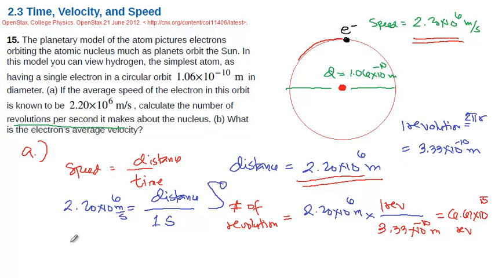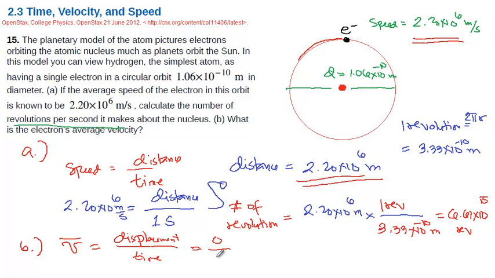Now how about part B? Part B is asking for the electron's average velocity. The average velocity is simply total displacement over time. Since the electron is just moving around a circle, for one complete revolution the displacement is zero.